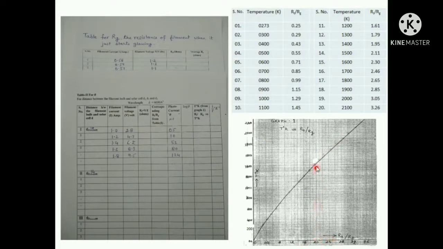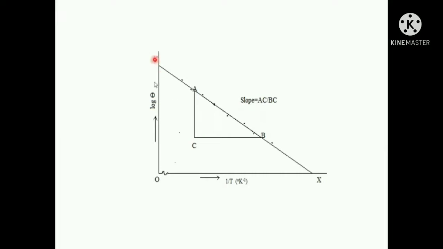For example, if RT upon Rg is 2, we calculate the temperature as this value. So for every RT upon Rg, we calculate T, and with T, we calculate 1 by T. Then we have log theta and 1 upon T. We plot this graph, which is a straight line with a negative slope.